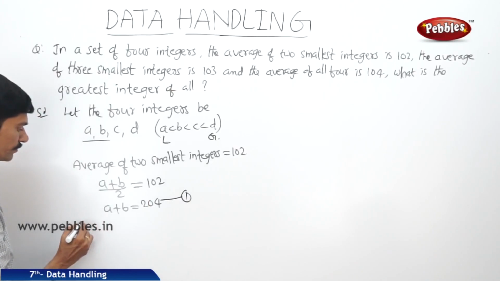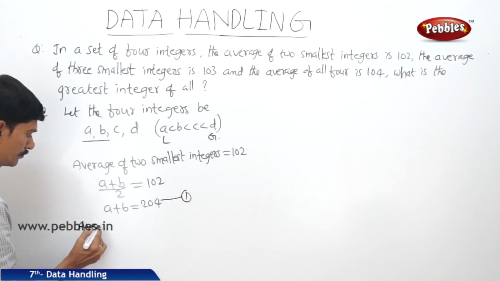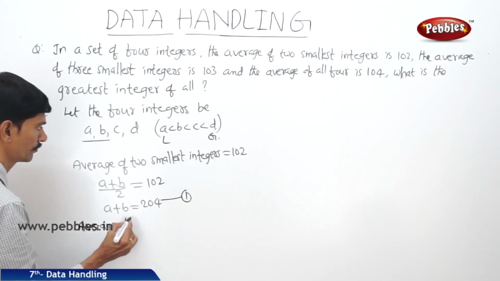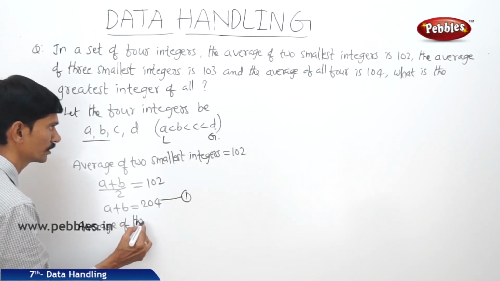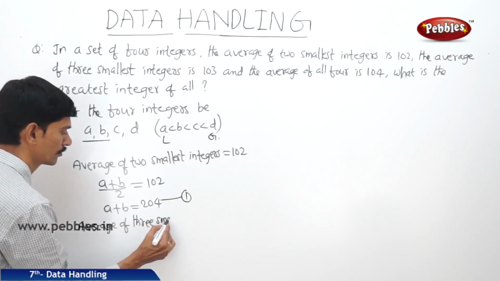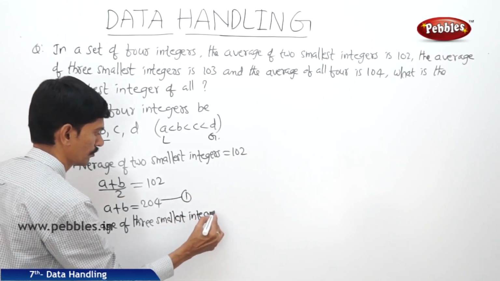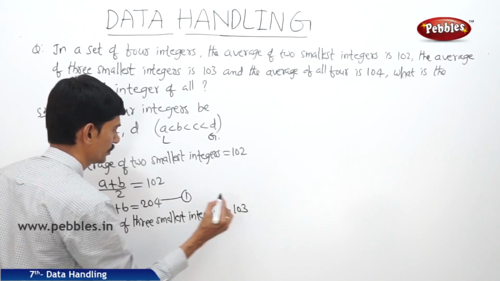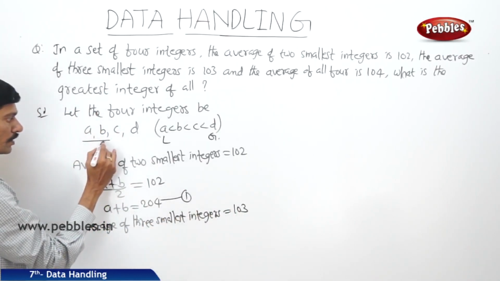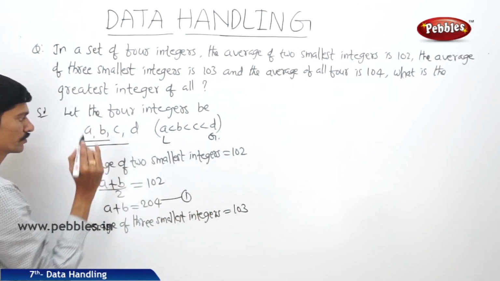And the average of three smallest integers equals 1 or 3. So the 3 smallest integers means a, b and also c.